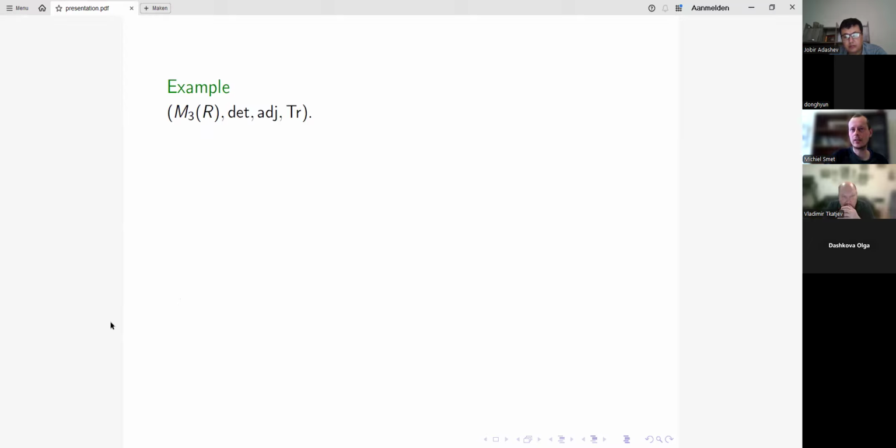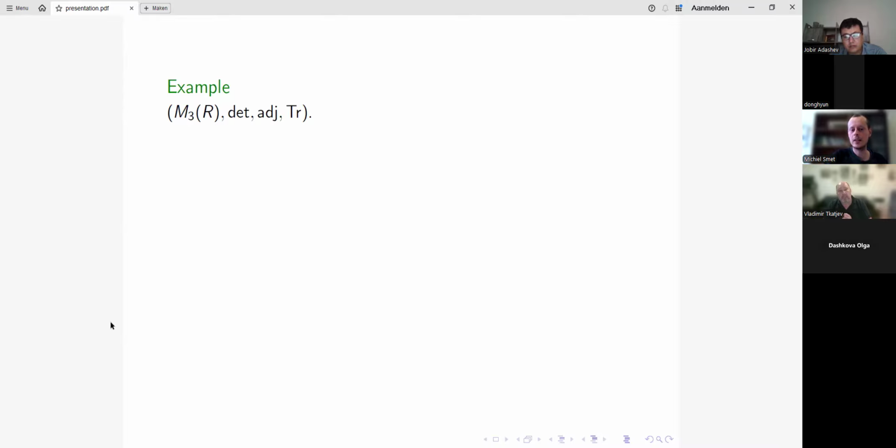A first example is the 3 times 3 matrices over a base ring. Our norm N should be the determinant. Sharp should be the adjoint. So the adjoint matrix is the matrix such that the adjoint matrix times the original matrix is the determinant of the matrix times the identity matrix, right? And we often use this name, the adjoint, for the sharp map.